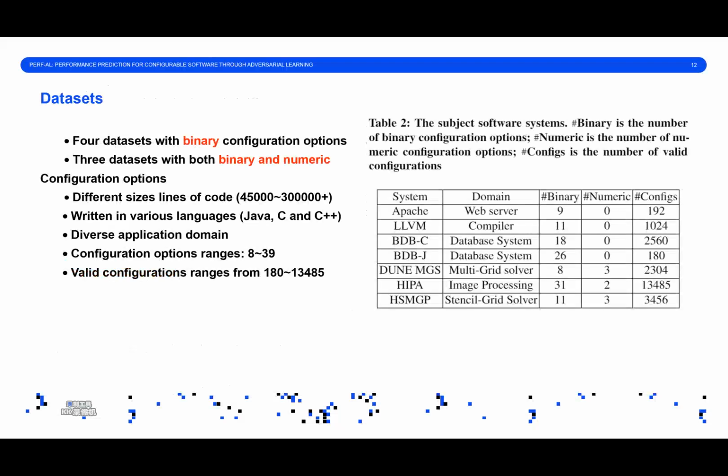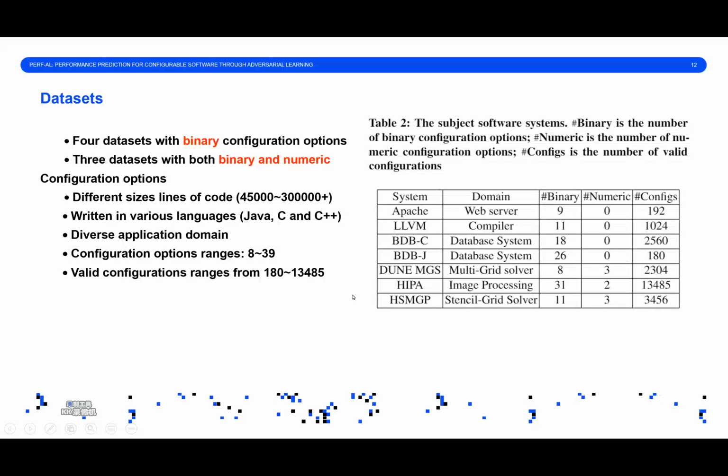Okay, then I designed our experiment. In our experiment, I use seven datasets: four datasets with binary configuration options, and three datasets with both binary and numerical configuration options, as we can see from table 2.